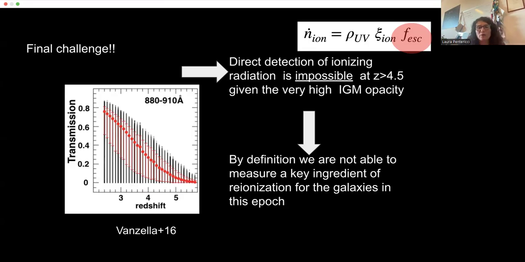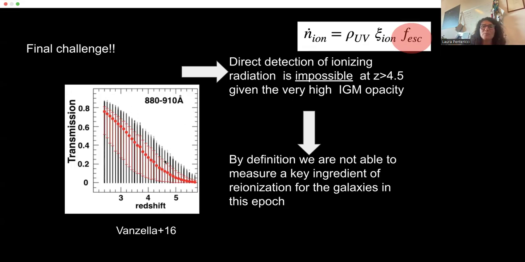But what about the epoch of ionization? The epoch of ionization is where we need to measure the escape fraction, because we need to solve the famous equation, the ionizing budget. Well, unfortunately, we cannot measure the escape fraction exactly in the epoch of ionization, because the transmission of the intergalactic medium is very low.